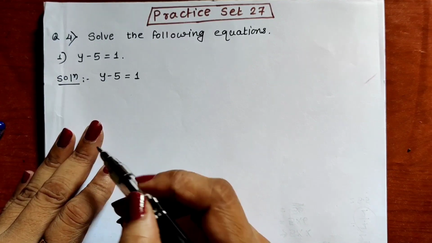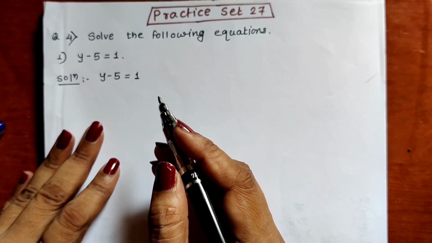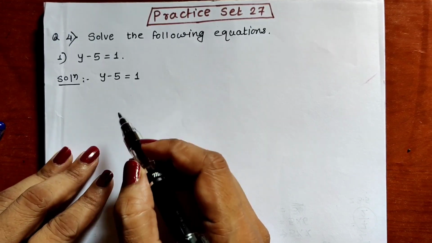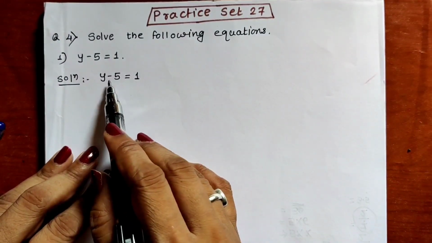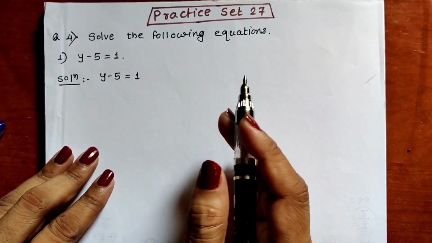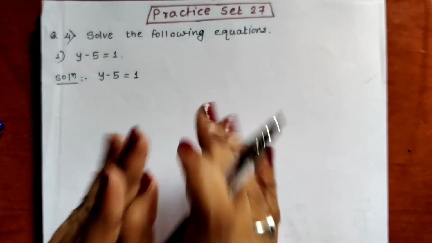Subtraction is there. So we will be performing the opposite operation. That means we will be doing addition. As subtraction is there, we will be doing addition on both sides. As 5 is subtracted, we will add 5 on both sides of the equation. We will add 5 on the left hand side, and we will add 5 on the right hand side.